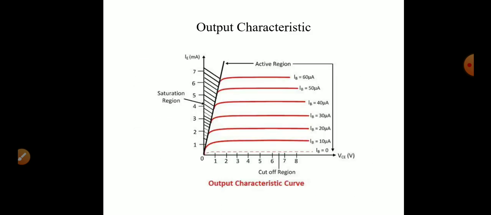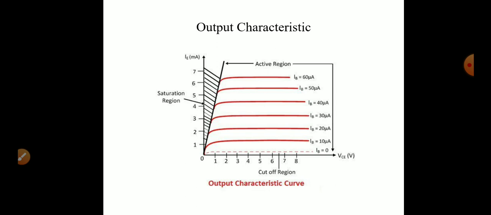And in output characteristics of common collector configuration, we fix the input current, the base current, at a particular level. First we set the base current to 10 microampere, and then we increase the collector emitter voltage and take the reading of emitter current.